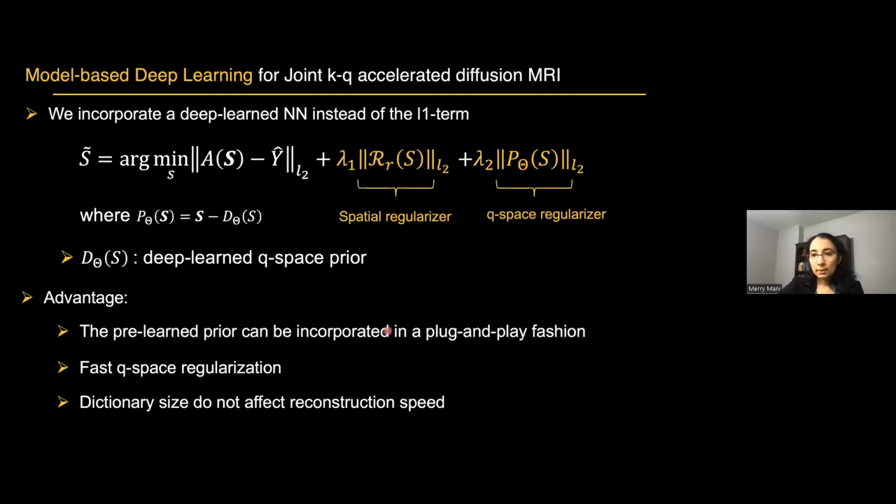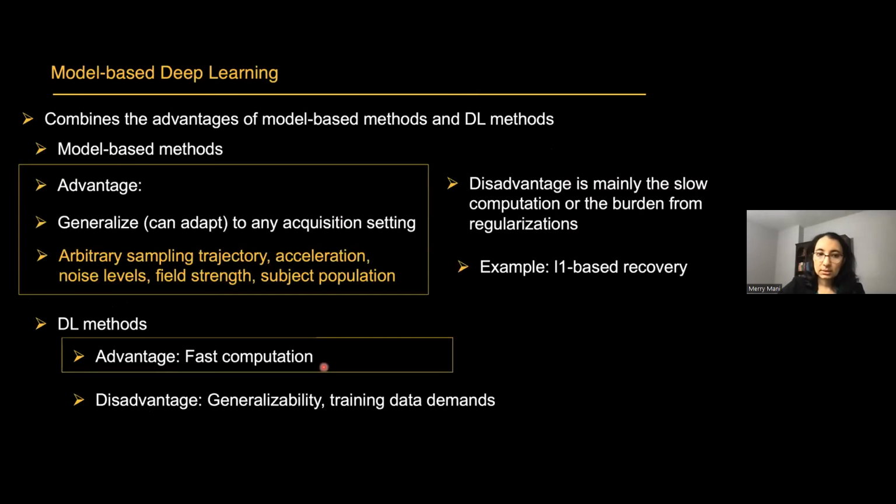So I hope it's now a little bit clear how we bring the pre-learned, deep-learned prior into our model-based reconstruction. Once we pre-learn it, it can be incorporated into the model-based reconstruction in a plug-and-play manner, which provides very fast Q-space regularization.